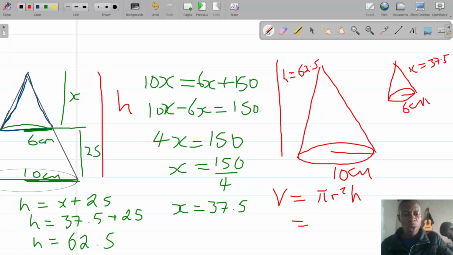So the volume of this one will be pi, which will use 3.142 times the radius. Remember, radius is from the center to that, which is 10 squared times the height.